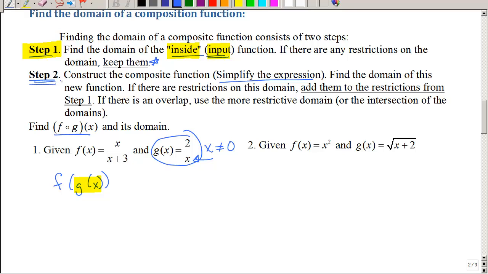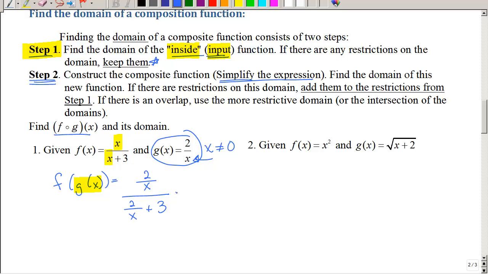Now, step 2, we want to construct the composition function. That means everywhere there is an x, what am I going to replace it with? 2 over x. Now I need to simplify that. How do I simplify that?